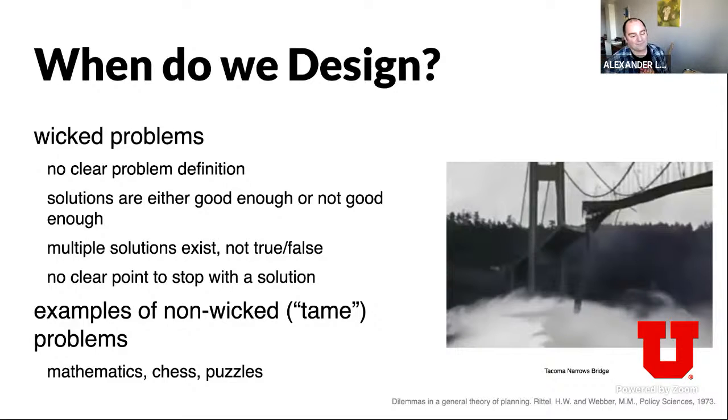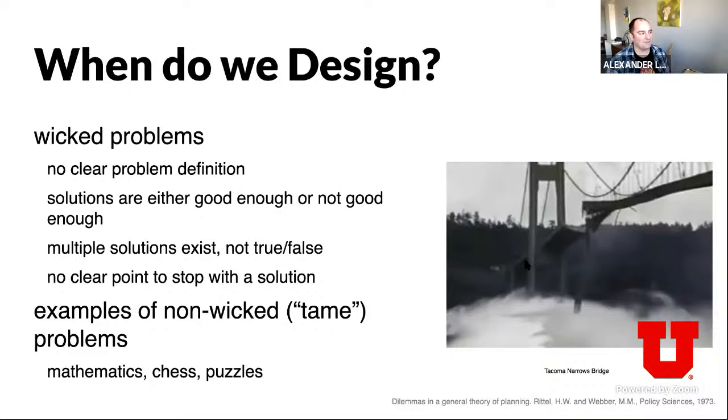This is very different from other tame or non-wicked problems. So for example, if you have a mathematical proof, you know when to stop, right? You have proven it. Or a puzzle, you have a definite solution. Or a chess game, you won or not. I want to, again, not play this video, but this is an example of somebody who designed this bridge and then some wind came in and that bridge broke down.